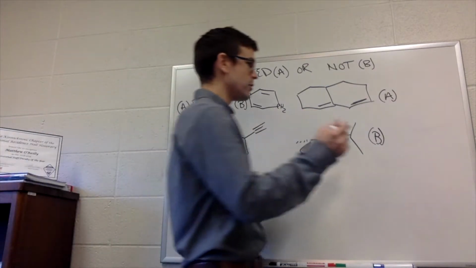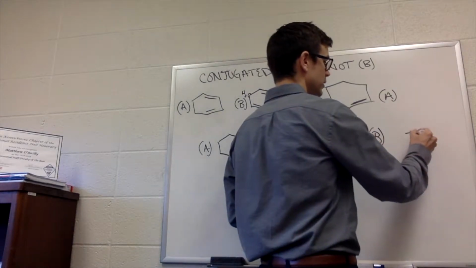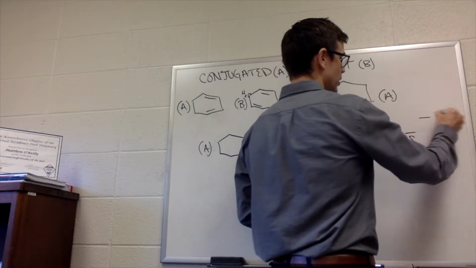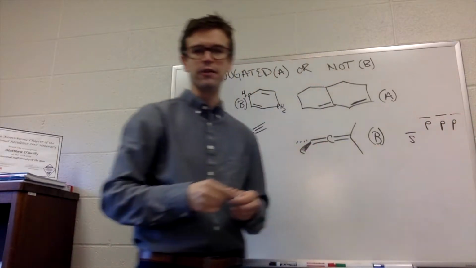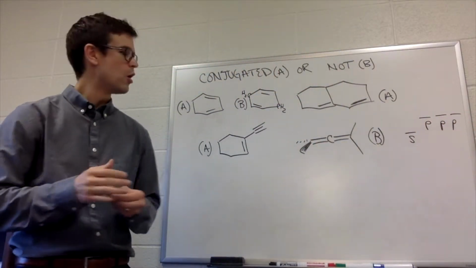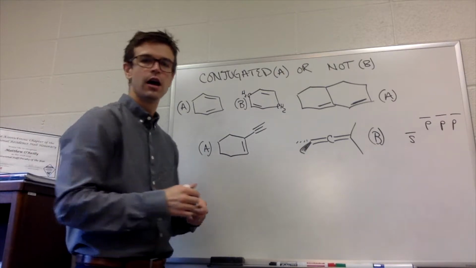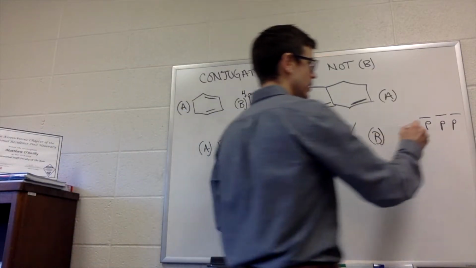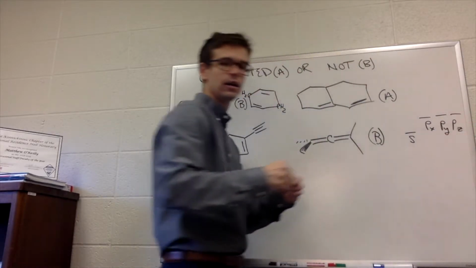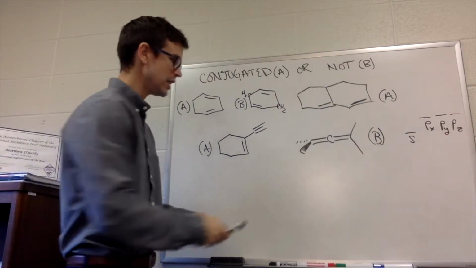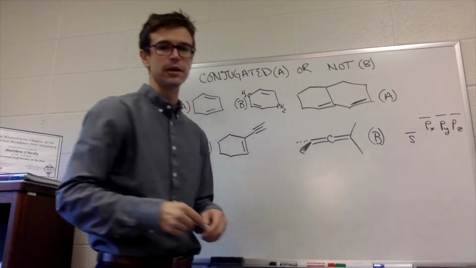When we learned about orbitals in the first place, we said there's an s orbital and 3 p orbitals. And what else did we say about those p orbitals? We said those p orbitals were on axes, right? This would be maybe a px, a py, and a pz. So let's think about this central carbon atom here.